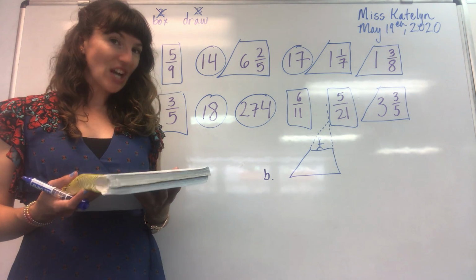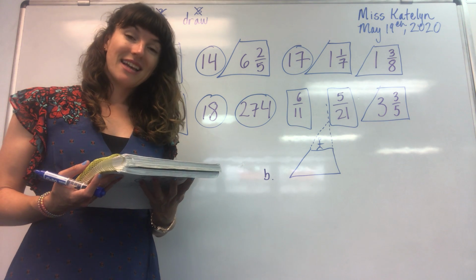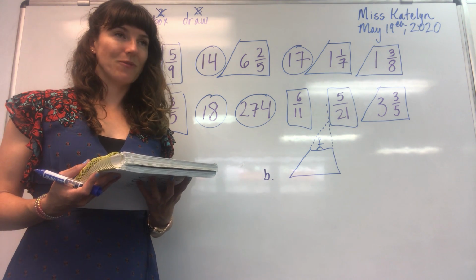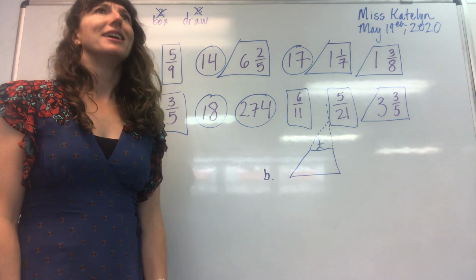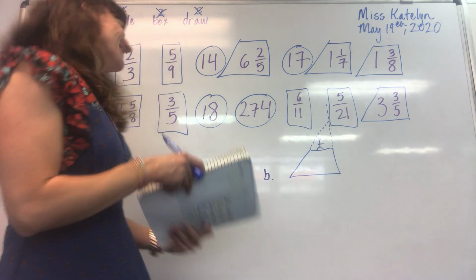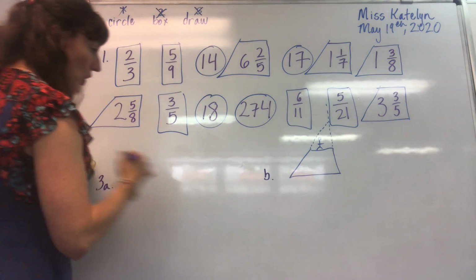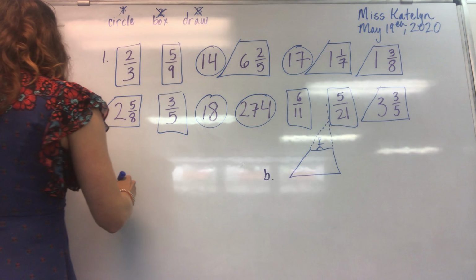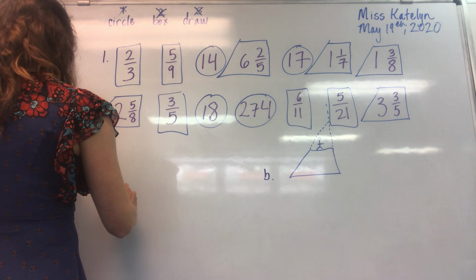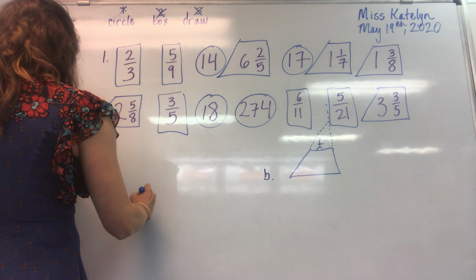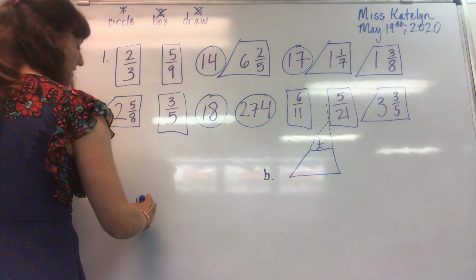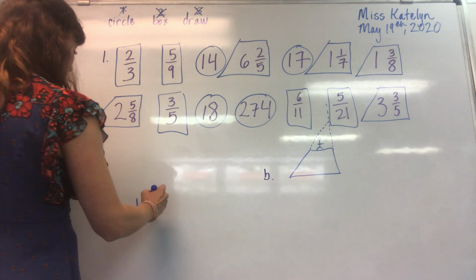So I heard yards and feet. That means we have a mathematical equation. We always have mathematical equations. This is a measurement equation. So it's going to go across like this. Linda, 1 yard. All together, you're going to add.